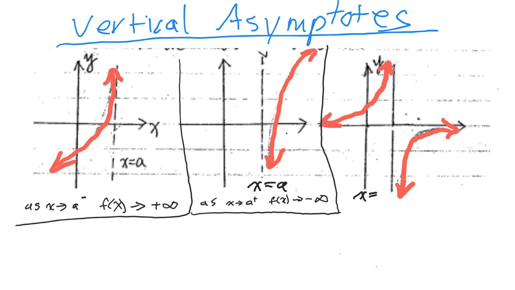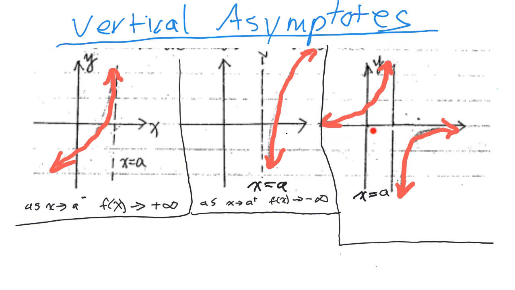For x is equal to a, for this third one, we have a dilemma. We have two different possibilities. As x approaches a from the negative side, so that's this thing here, as it approaches from this side and comes closer and closer, our f of x blows up to positive infinity.